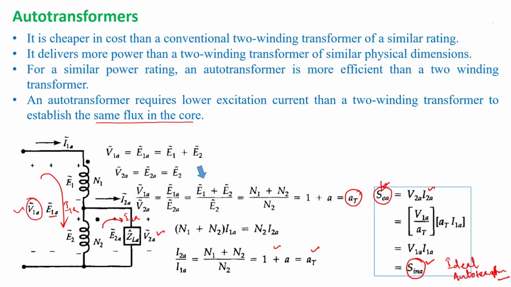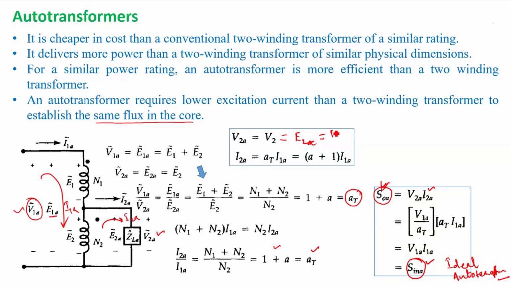Now let us see the relationship between the kVA rating or the apparent power of the two winding transformer and the auto transformer. What will be the relationship? So we know that V2A is equal to V2 from this side. You can say V2A is nothing but equal to E2. Already we know V2A is nothing but equal to E2, or E2A, that is equal to V2.